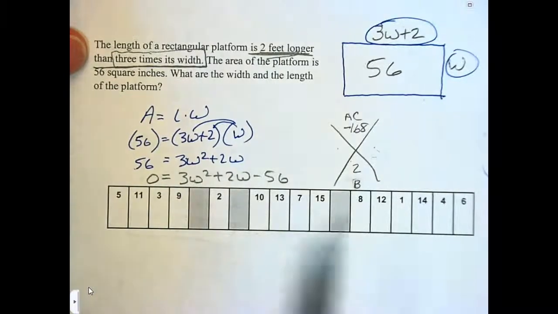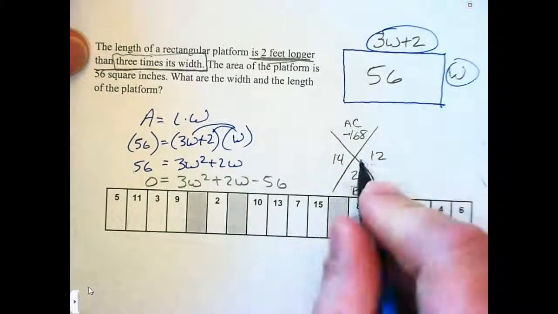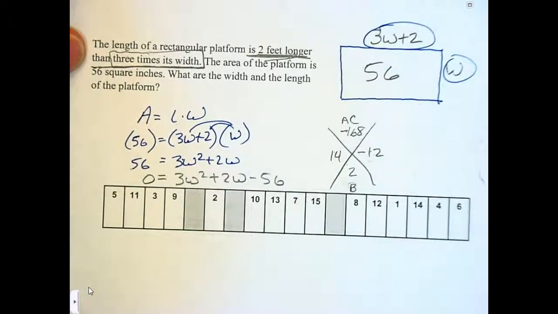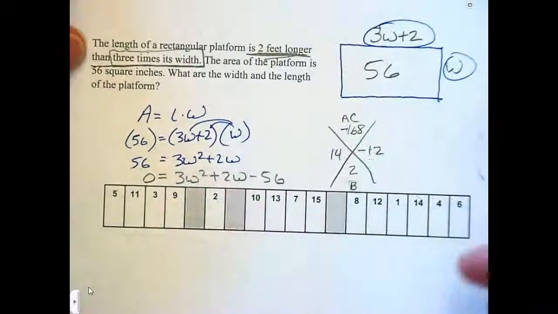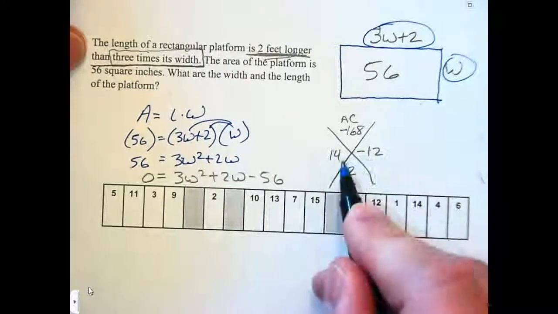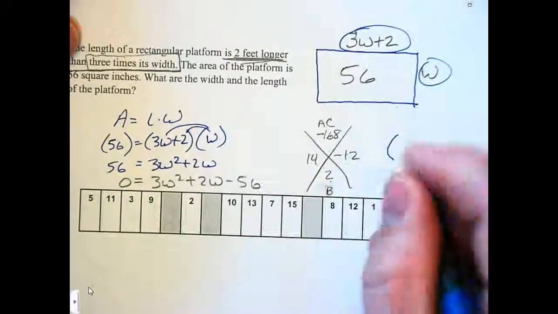Did you get it? What'd you get? 14 and 12. Why does it have to be negative 12? Good. Positive and negative is a negative, and you need to have more positives than negatives. Good job. Well done.